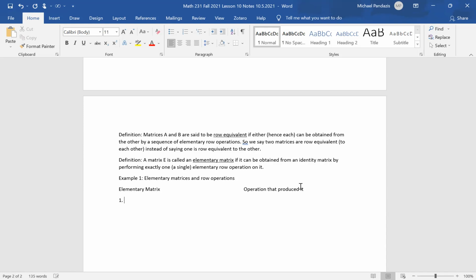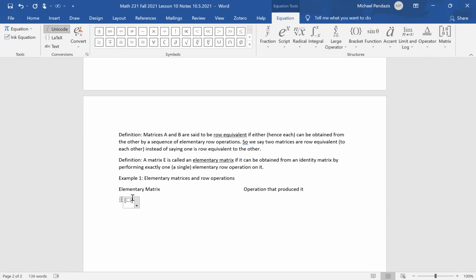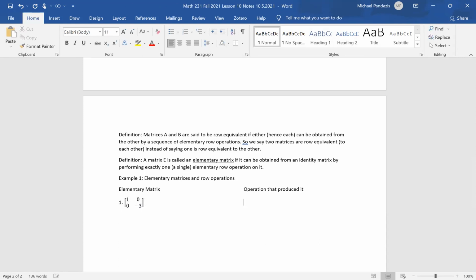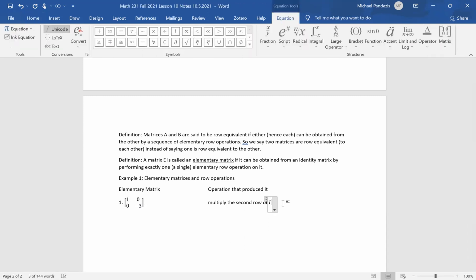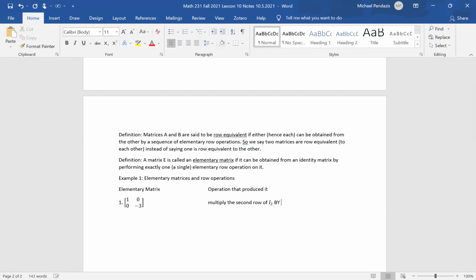Okay, so the first matrix is a 2x2 matrix. It's a 2x2 elementary matrix, which is [1, 0; 0, -3]. And so the operation that produced it is just multiplying the second row of I sub 2 by -3. I could have just written I there, but I'm just explaining it.